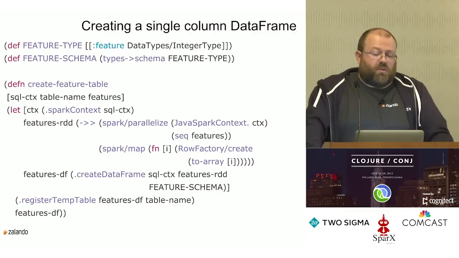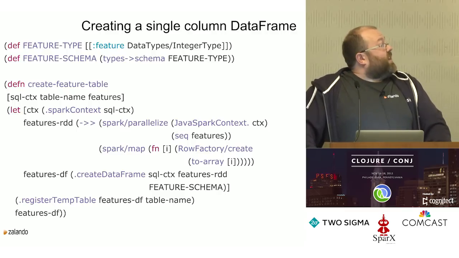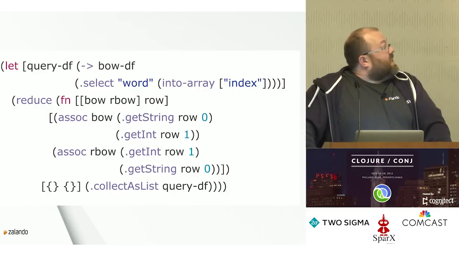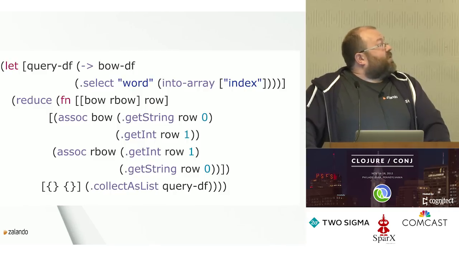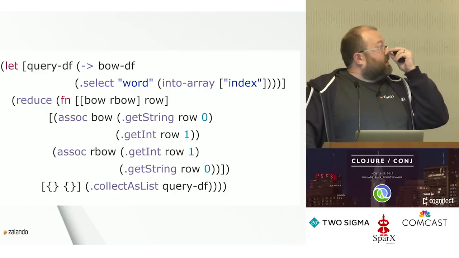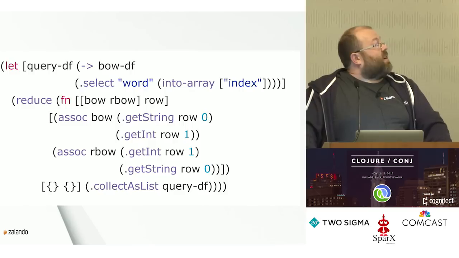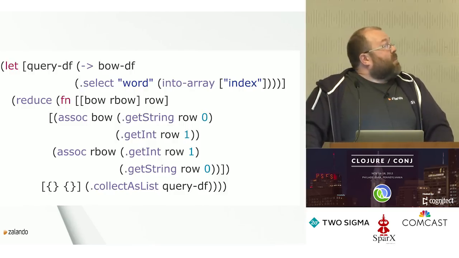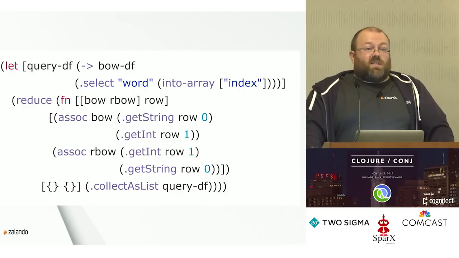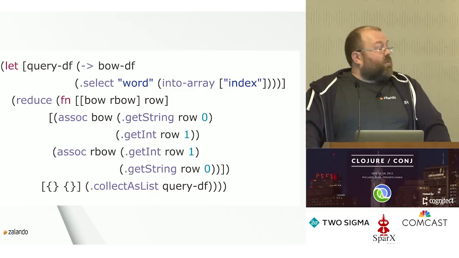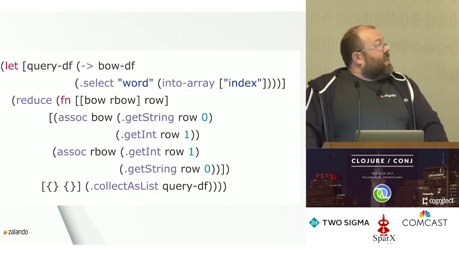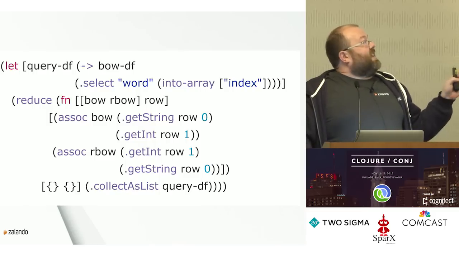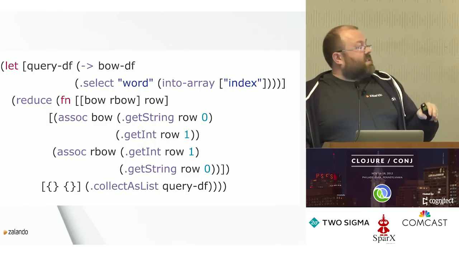I'm also just going to show you another couple examples of irritation. The .select function here in particular, in that second line. Here I'm just giving it a name, but because of the vararg stuff that most Scala people don't worry about because the compiler deals with it, here you have to give it a string and then an array of strings.